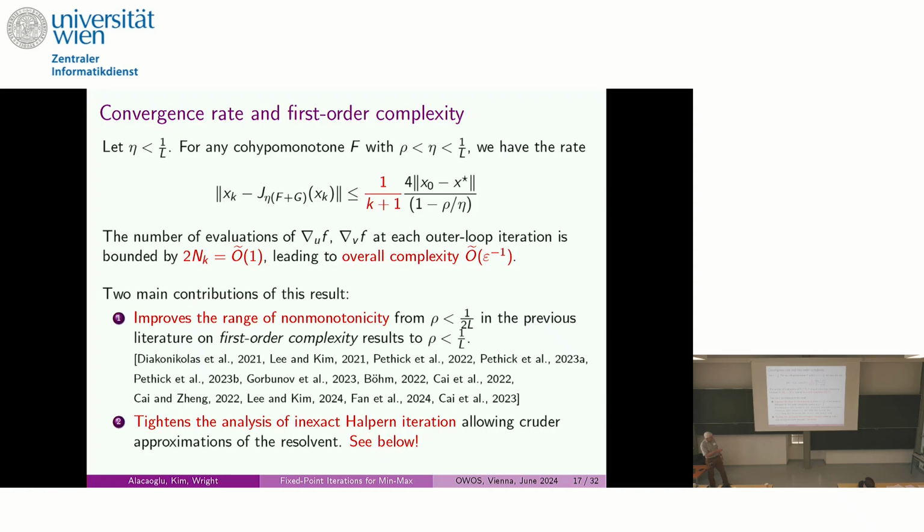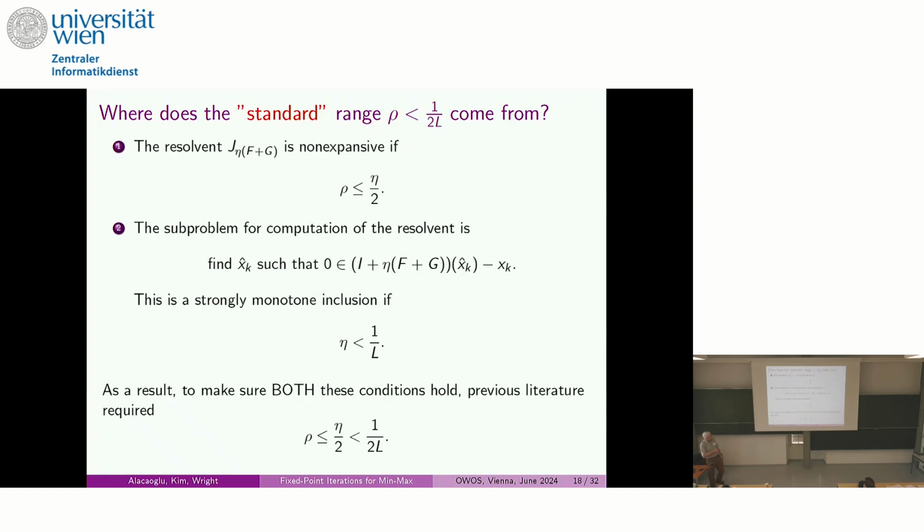So let me jump ahead and look at that a little bit more, and this goes to answering John's question. First of all, why do most of these previous works get stuck at 1 over 2L? Well, they use the following two needs. The first one is that you need this resolvent to be non-expansive. And in order to do that, the cohypomonotonicity parameter has to be less than or equal to 1/2 of the eta, the scaling that we apply here. You can think of it as a step length. So you need that inequality satisfied.